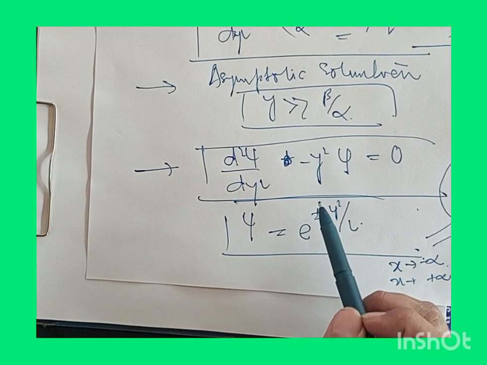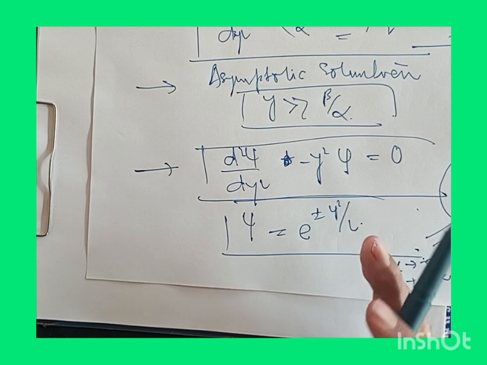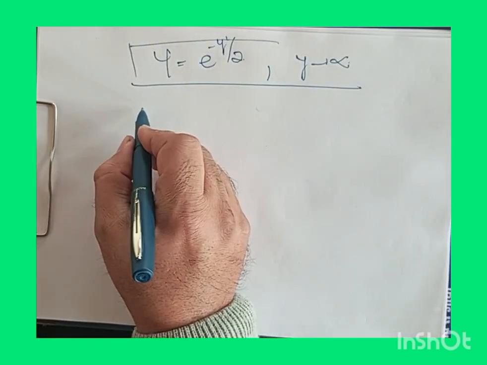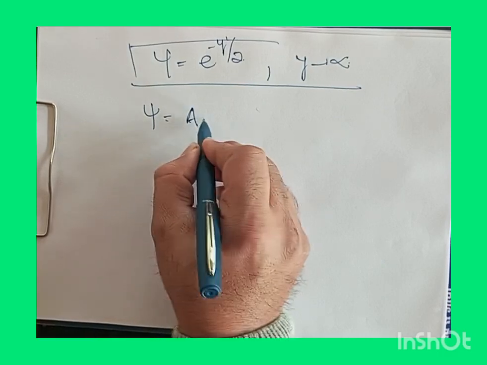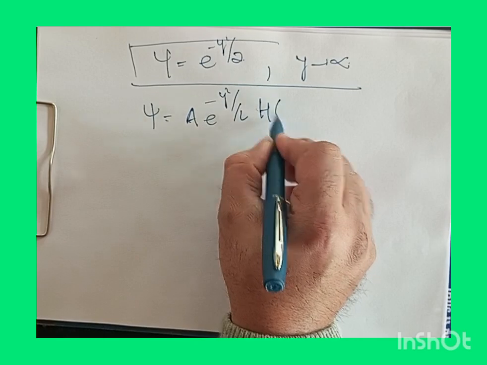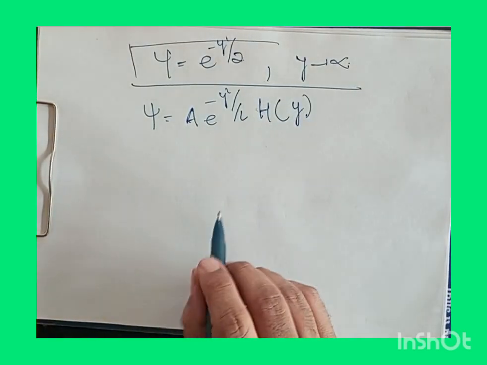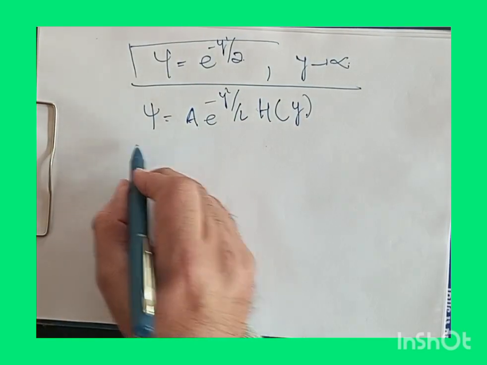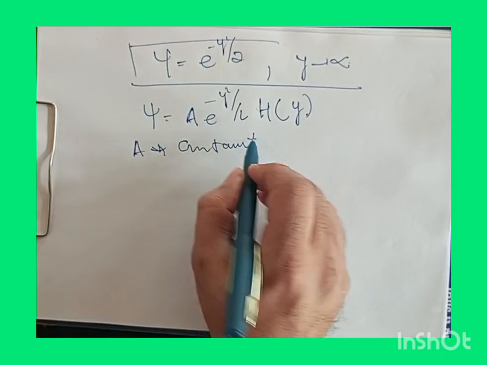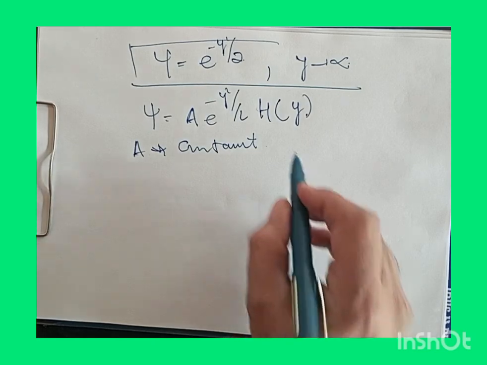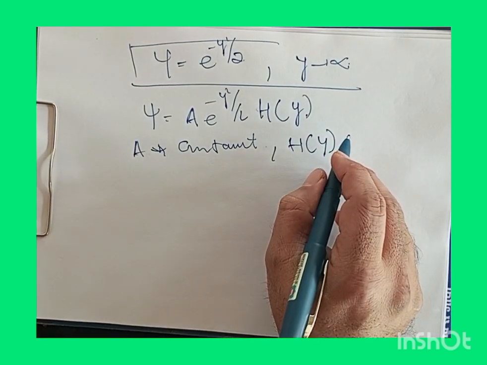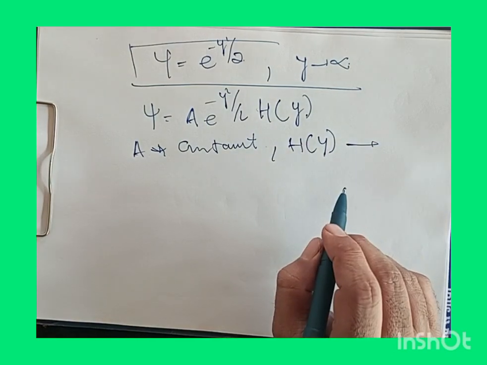So we have to try a solution of the form psi is a times e to the power of minus y squared by 2 times h of y, where a is a constant, and h of y that we have introduced here is a polynomial in y.